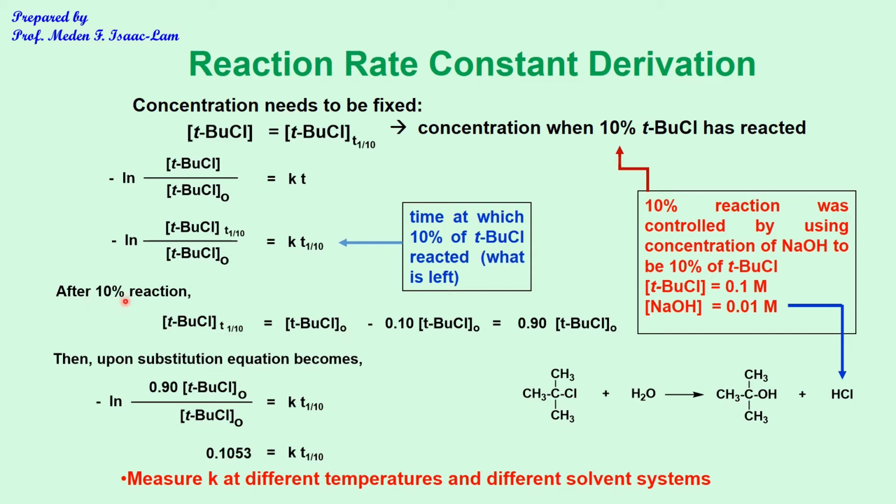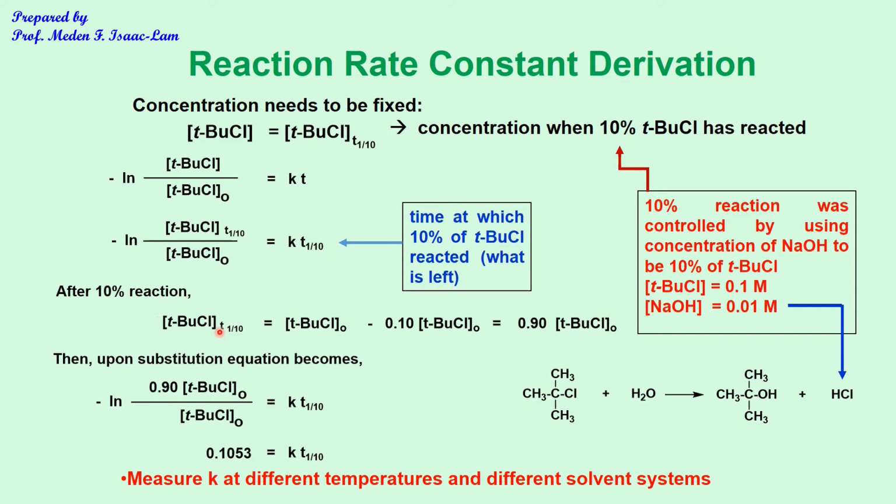So after 10% reaction, the concentration of tert-butyl chloride, or what is left behind, is going to be equal to the initial concentration minus 10% of the initial, and now it's equal to 90% of the initial, or 100% minus 10% is equal to 90% of the initial, or 0.9 of the initial concentration of tert-butyl chloride.